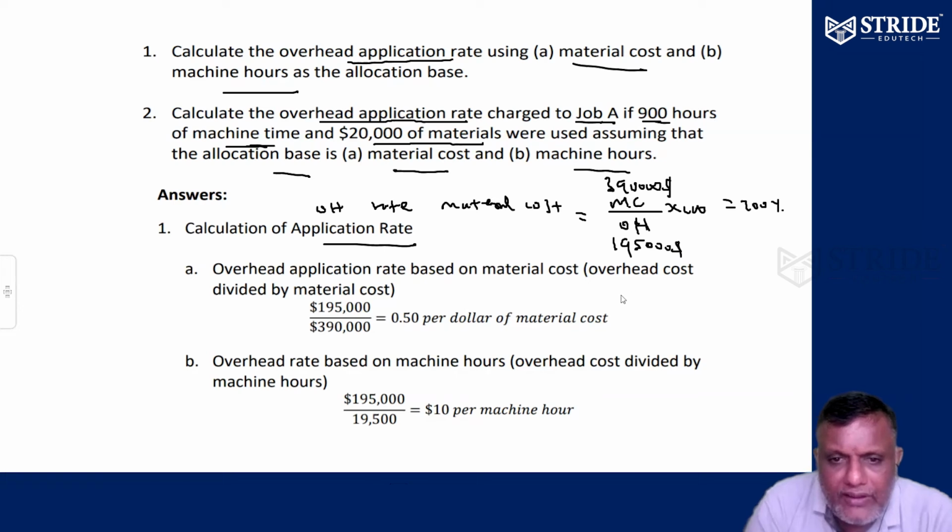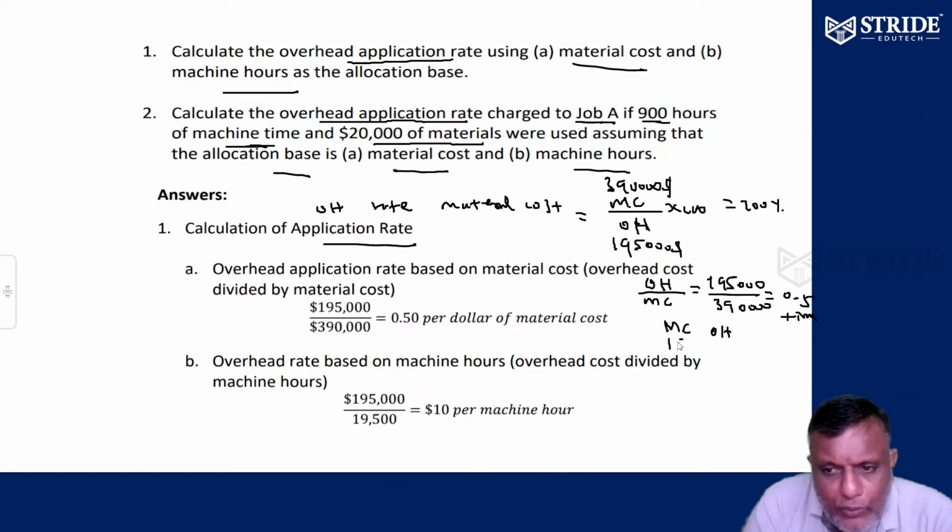Or we can say it like this also. Overhead is the numerator and material cost is the denominator. Overhead is $195,000 and material cost is $380,000, which is equivalent to 0.5 times. If material cost is $1, overhead is $0.5. Material cost and overhead are related by this formula.